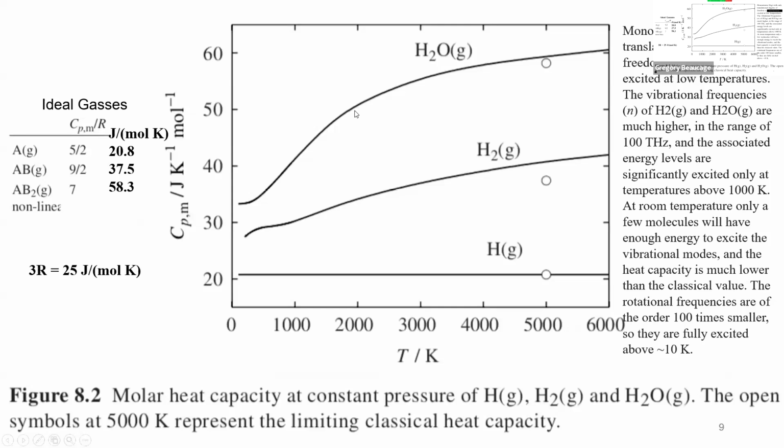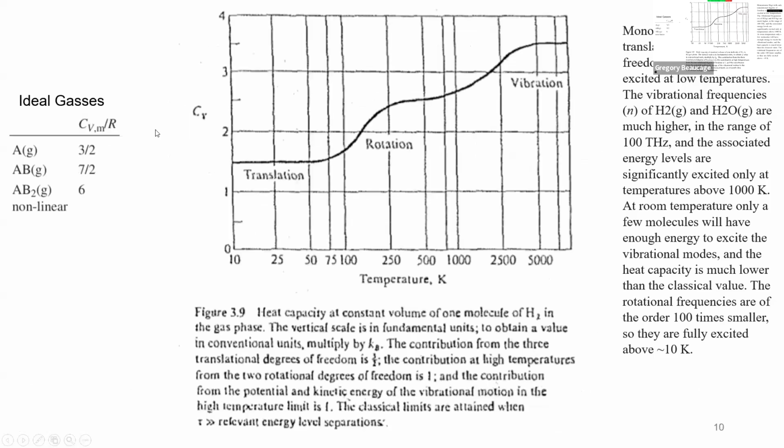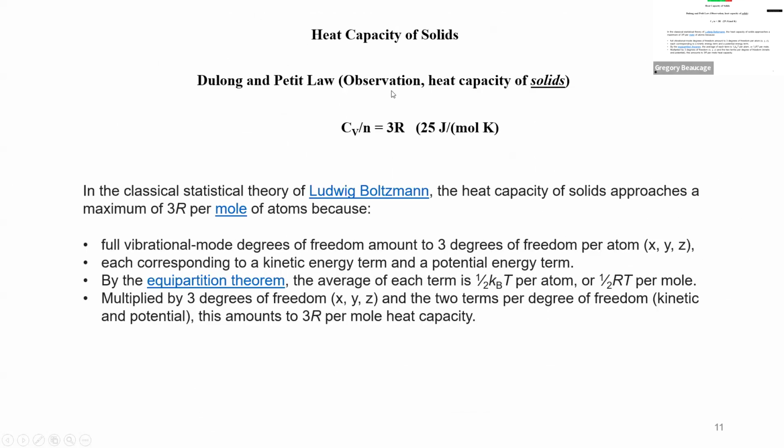What you see is a kind of ski slope with multiple hills on it, the heat capacity as a function of temperature for gases. If you go to solids, the Dulong-Petit law was proposed in the 1800s. It says that for solids the heat capacity CV is going to be 3R, right?